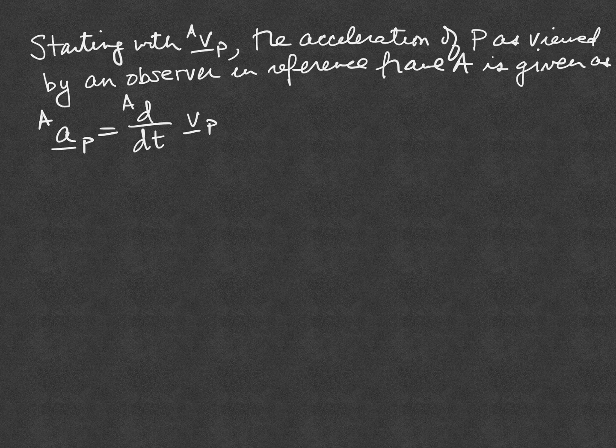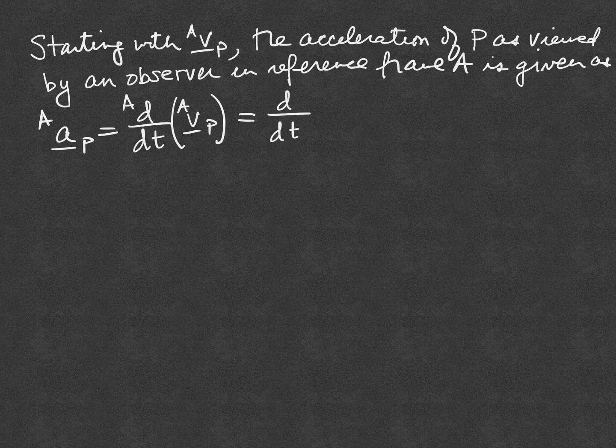But now this is the part that often gets confusing, because we have to start with where we left off. And where we left off was an expression for the velocity of point P in A expressed in coordinates fixed in frame B. So that means that we have to apply the transport theorem again.